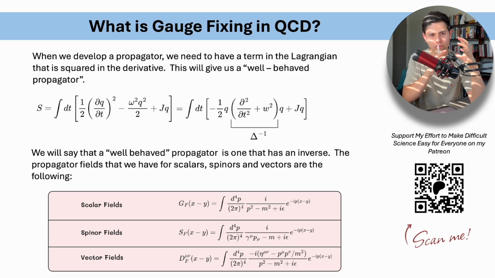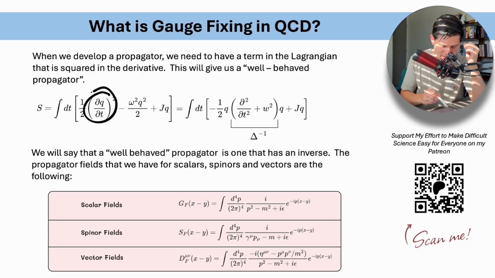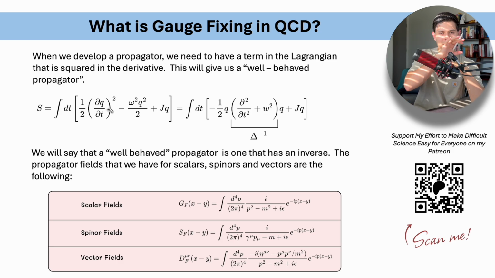And I try to make it as self-explanatory as possible. But the idea here is that we need this squared derivative term to define a propagator so that we can write our Lagrangian or our action in this way, okay?